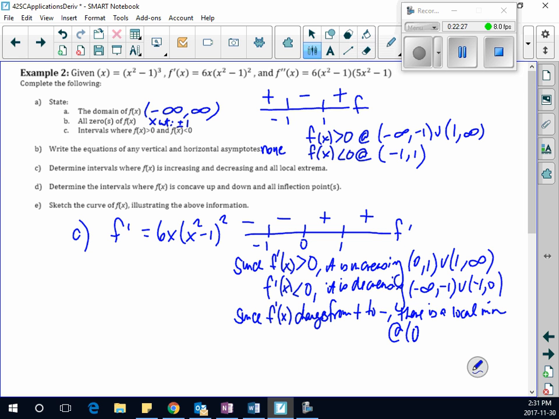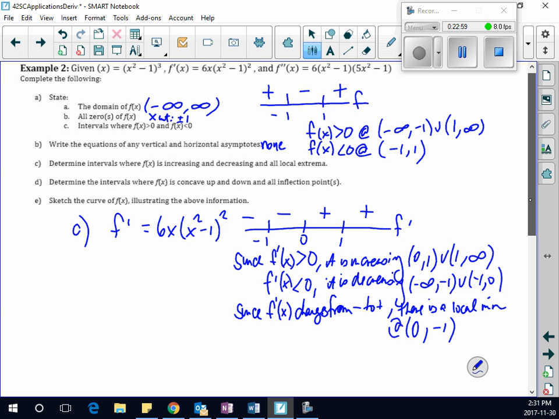Sorry, it is supposed to be negative to positive. Thank you. Negative to positive. There is a local min at 0, comma, negative 1, because negative 1 cubed would be negative 1.